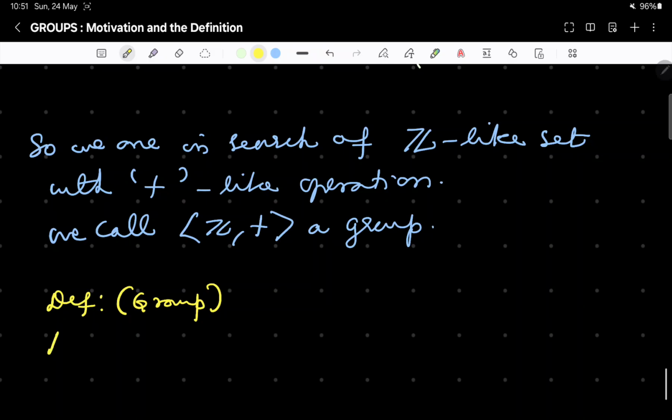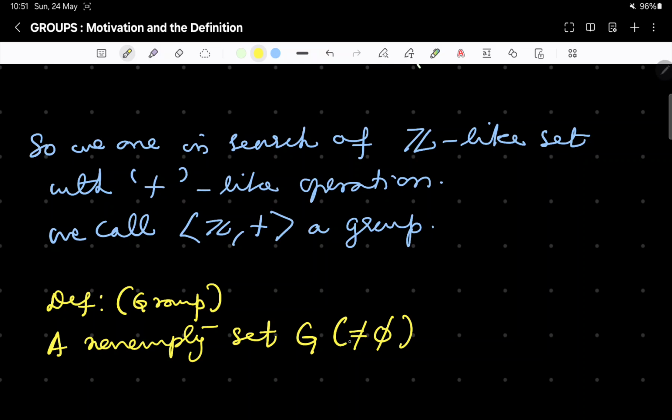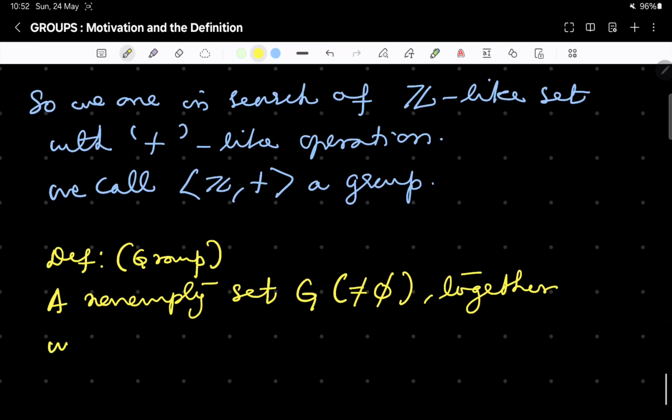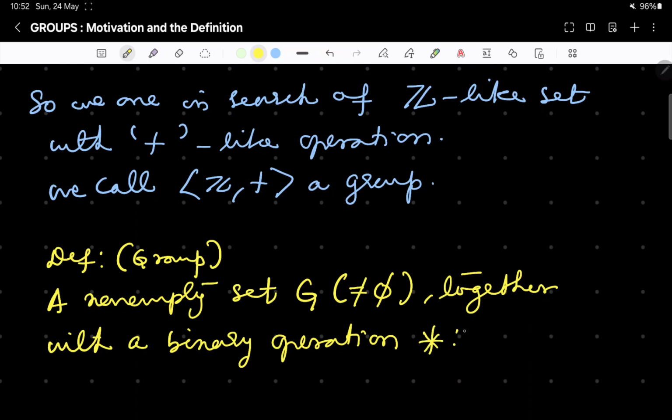A non-empty set G, okay, in notation we call it non-empty, together with a binary operation star, we call it star, it can be anything.